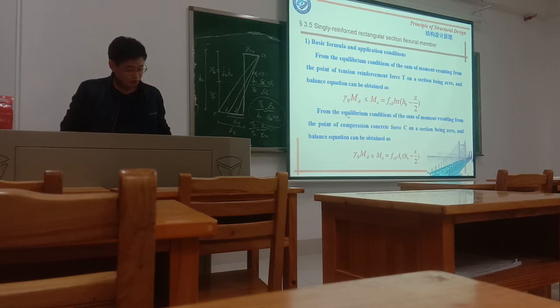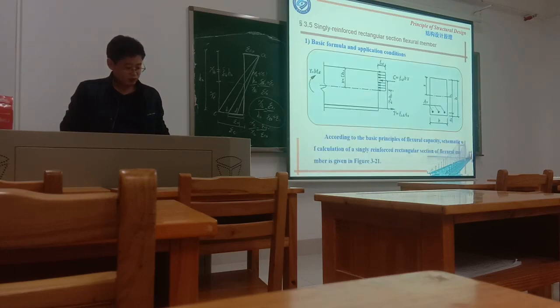From the equilibrium condition of the sum of moments about the point of the compressive concrete force C on the section, the balance equation can also be written like this. The external moment remains unchanged, gamma 0 Md, and on the other side fsd As, the tensile force, times the lever arm h0 minus half x. The action point is here, so the general moment is like this.